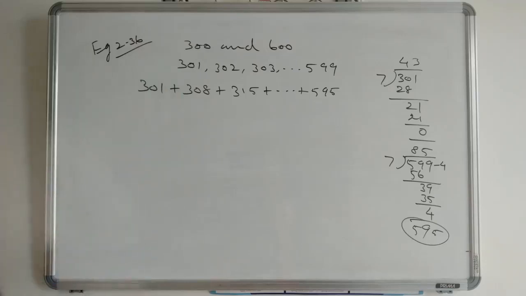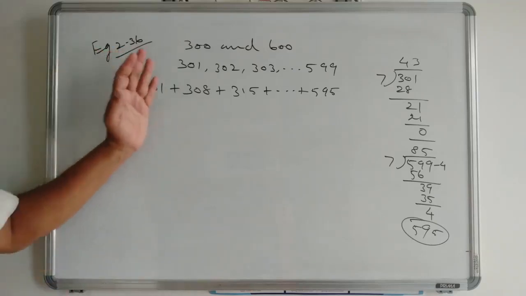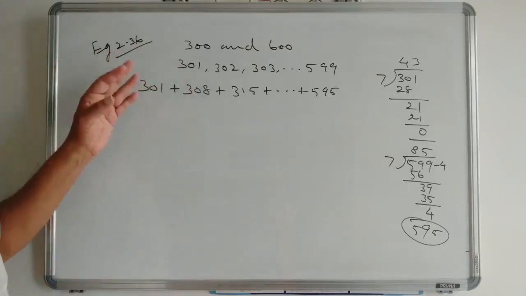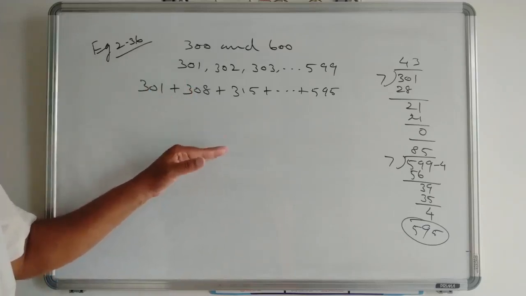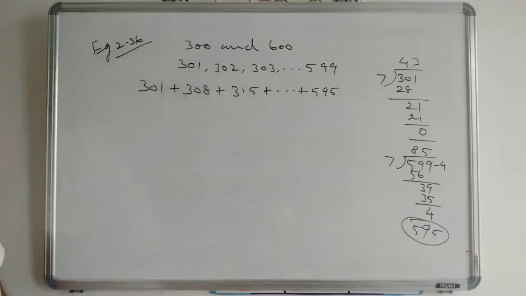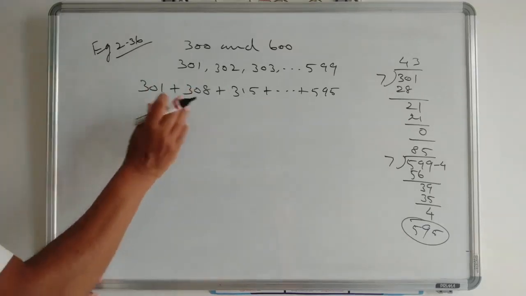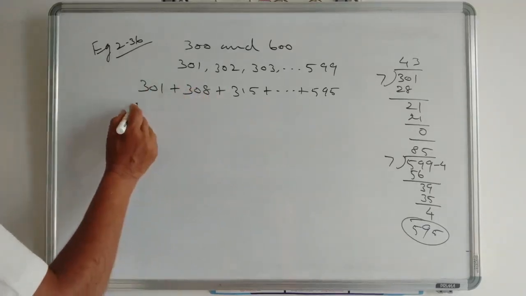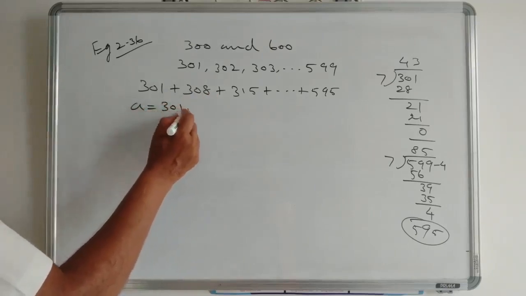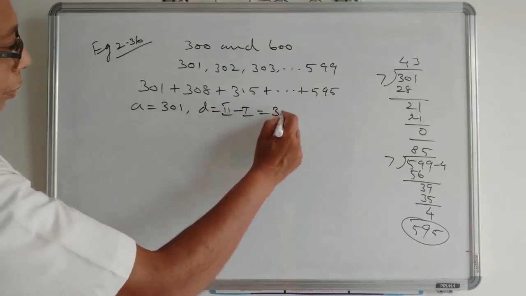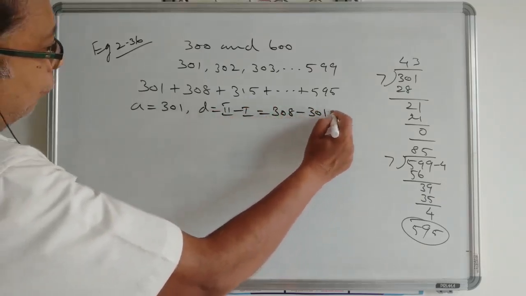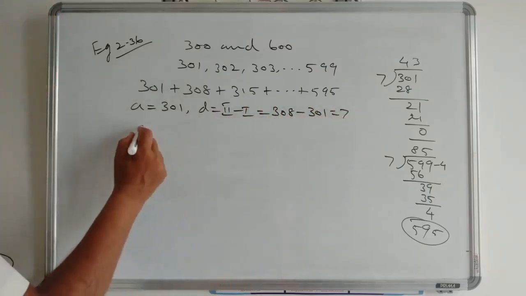Next, we want to find the sum of the series. The first term A equals 301, and D equals second term minus first term, which is 308 minus 301, equal to 7.